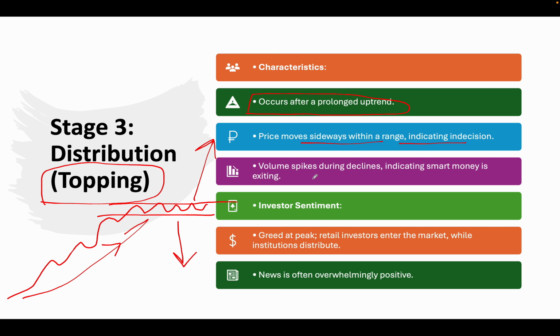Now volume spikes during declines indicating smart money is exiting. Whenever there is a decline, there is a spike in volume, and when the price is going up, it is low volume. So what is the sentiment? Greed at peak.